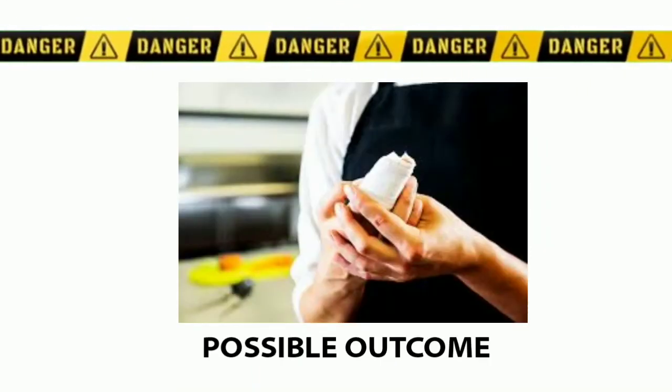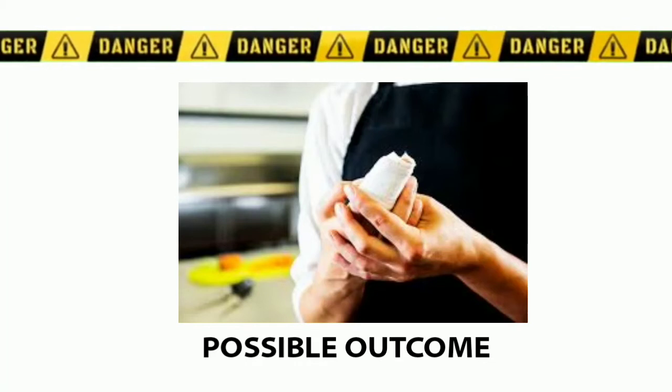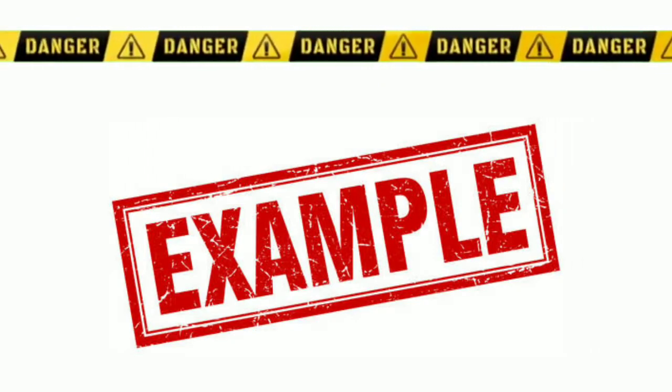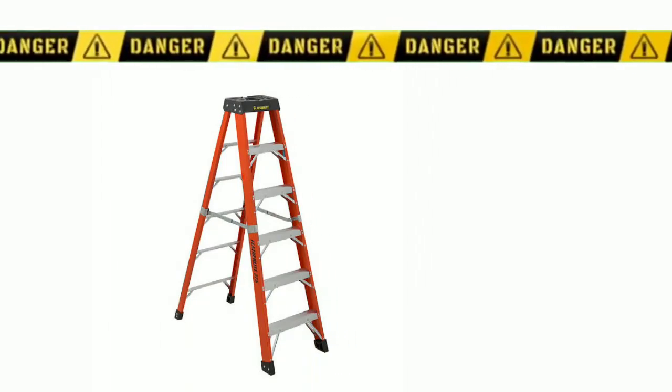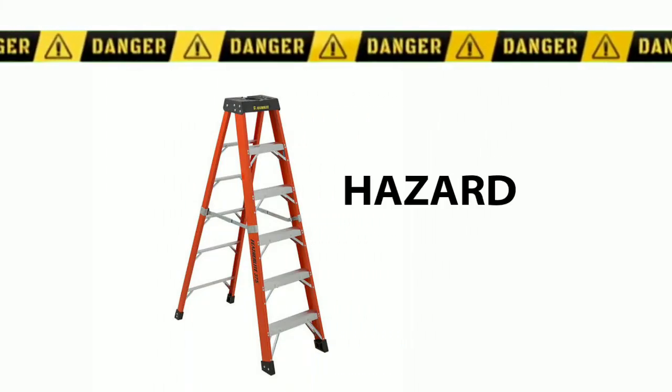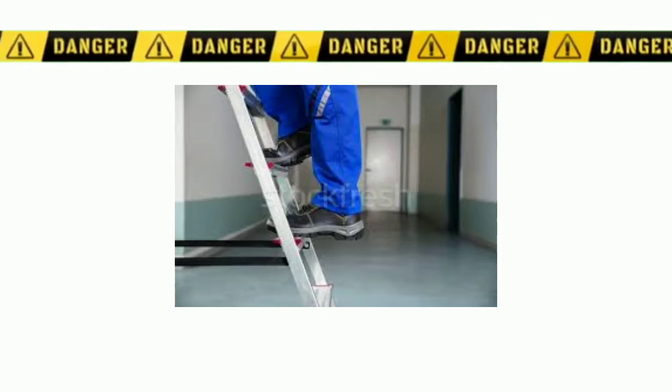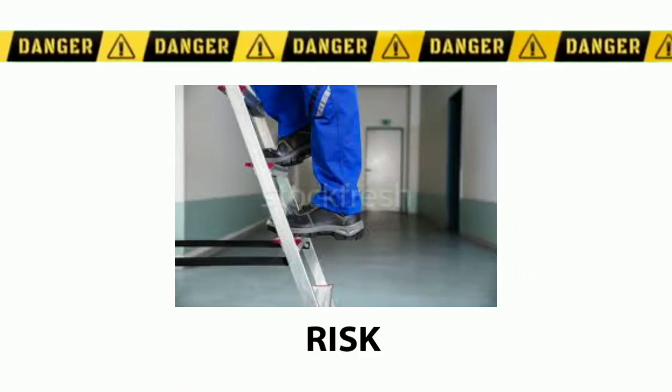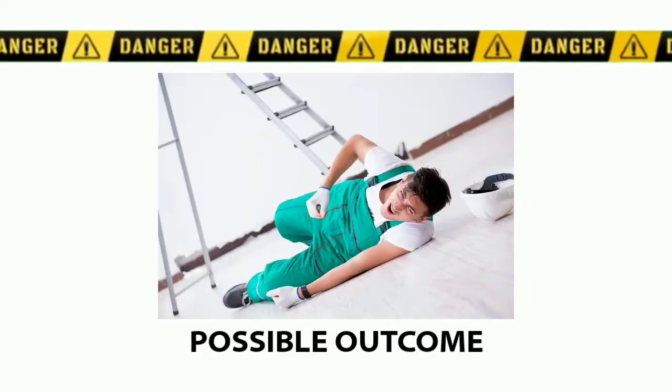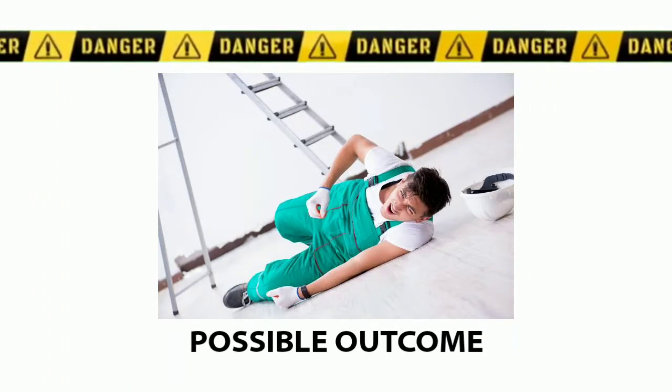The possible outcome is that your hand can get a wound or cut. Another example is a ladder. A ladder is a hazard, and when you try to climb a ladder, that is a risk. The possible outcome is that you will fall.